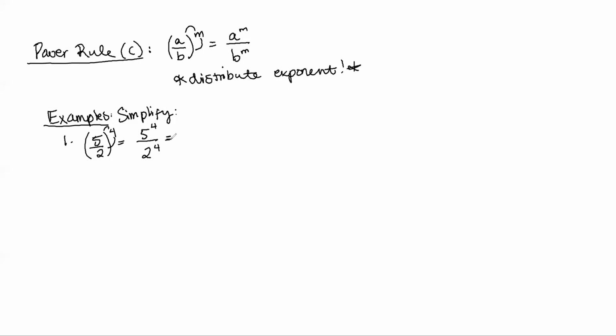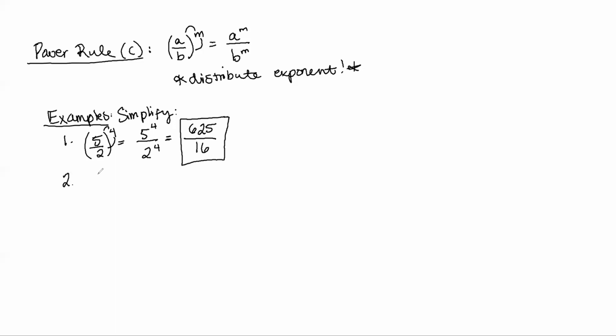It's getting kind of big, but it's not too big. Generally, if it's under 1,000, I'll multiply it out. So 5 to the 4th is going to give you 625. And 2 to the 4th gives you 16. If we could, we would still want to reduce. We can't reduce here though, but still keep that in mind, always reducing.